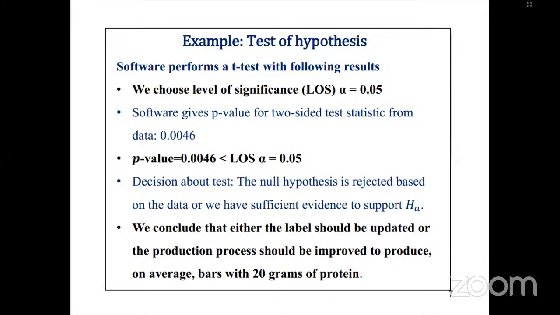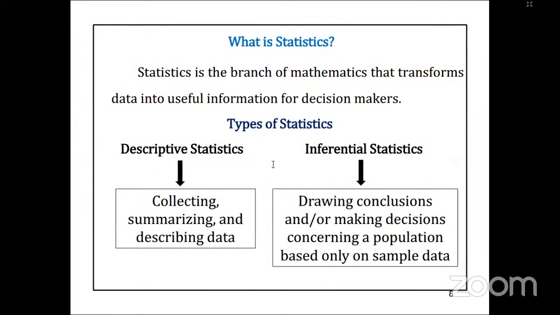If these things are clear to the general user, then you can very easily apply the variety of tests that are available in statistics, because a non-statistician is not expected to know all the things, but at least how to conclude and how to set up hypothesis is very important for all of us.